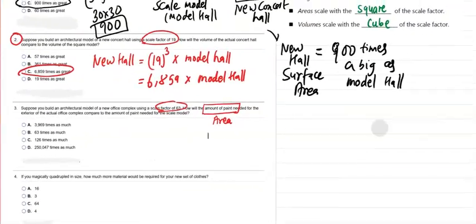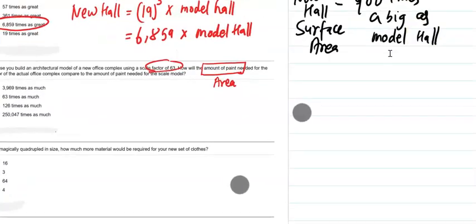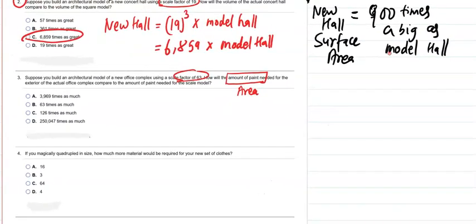So area is scaled with the square of the scale factor, same as question number 1. So I'm looking for how many times more paint is needed for the actual office complex compared to the scale model.